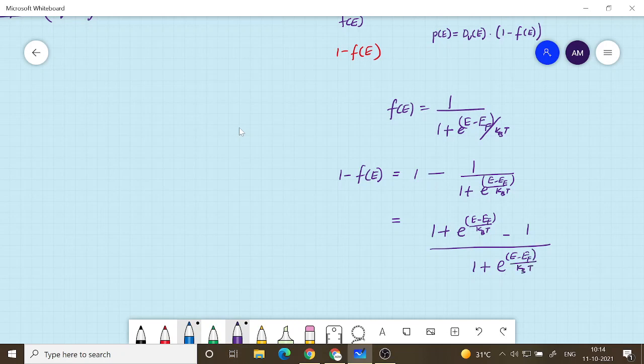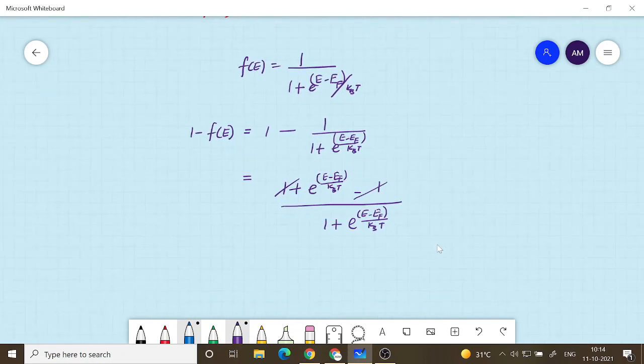So this 1 cancels. What we have is basically e raised to E minus EF by kBT, divided by 1 plus e raised to E minus EF by kBT.